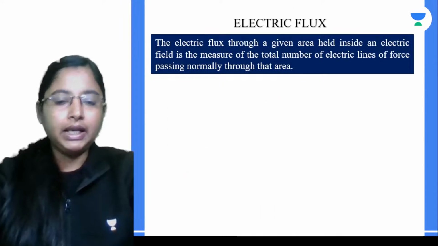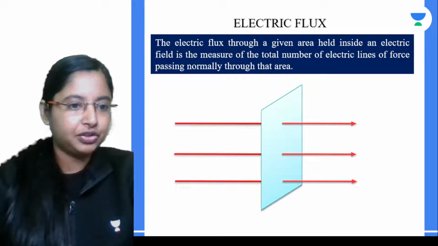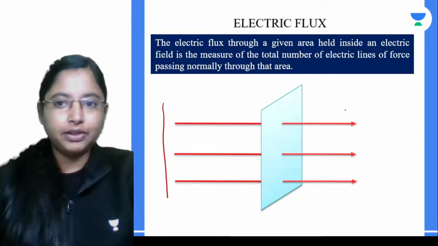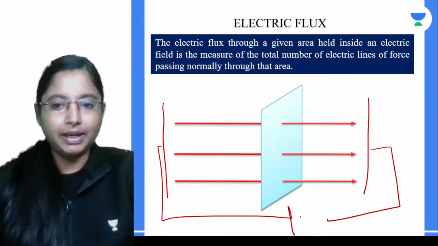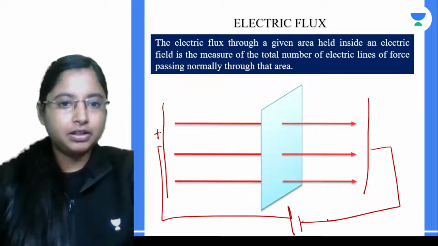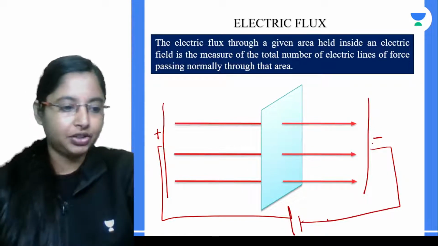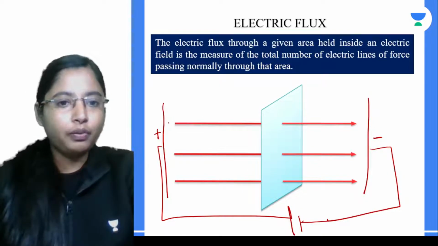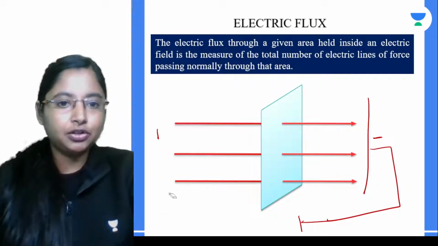Now let's say we have electric field lines going in this direction. Let's say we have a plate over here, connected to a battery. So this plate would be positively charged, and this plate will be negatively charged. Field lines always start from positive charge and end in negative charge, so this would be the direction of the electric field line.